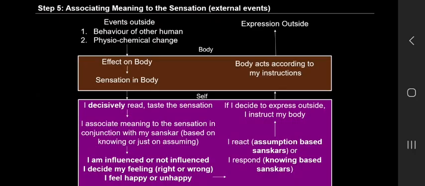Because my sanskars are based on knowing, right understanding, and I am reading the same expression with the feeling of affection, I will talk to her. We will sit together and talk to each other. I will try to understand her state of being.